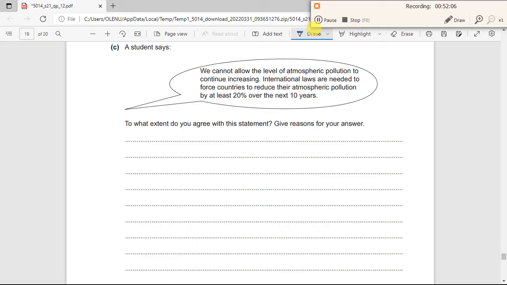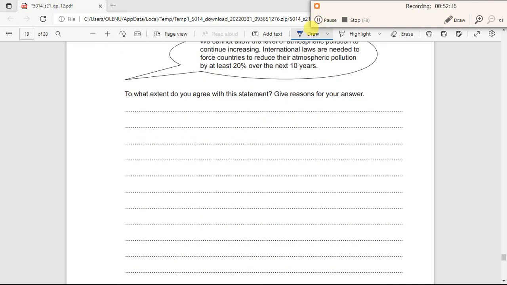Now, this is a 6-mark question. First, let's say a student says, we cannot allow the level of atmospheric pollution to continue increasing. Now, in order for you to answer this question, what I normally tell my students is, you always look at two sides of the argument. So in this case, we are looking at to what extent do you agree with this statement. You should write the reason why you agree with this statement, and also the reason why you disagree with this statement.